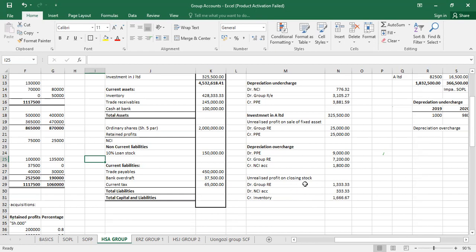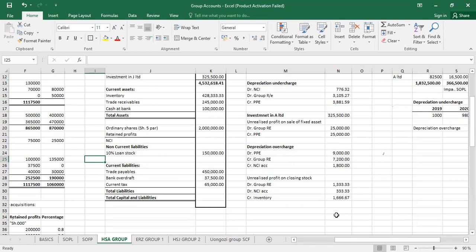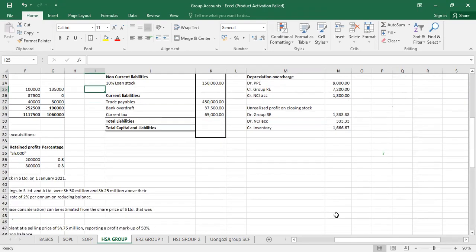So when we say we debit, it's like we will add to cost of sale, because cost of sale has a positive entry. That's why we always add to cost of sale. So here we'll add unrealized profit on closing stock. Continue.